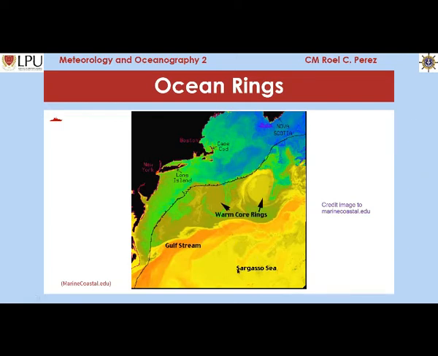So if you can see, this one is the Sargasso Sea. It is part of the western part of the North Atlantic Ocean. So this is also a satellite image, so you can see the warm core rings.